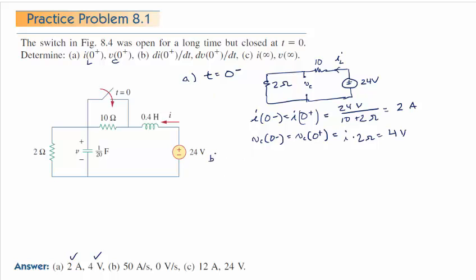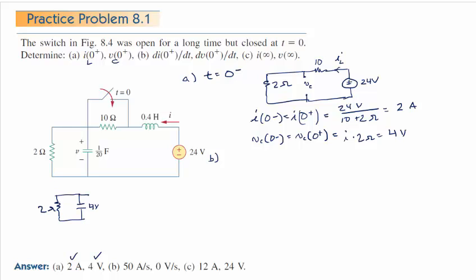Part B is to find the rates of change at the instant the switch is closed. So the first thing we have to do is say, okay, let's close the switch. The instant the switch is closed, you have a capacitor here with 4 volts across it.